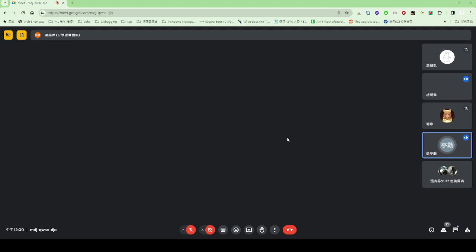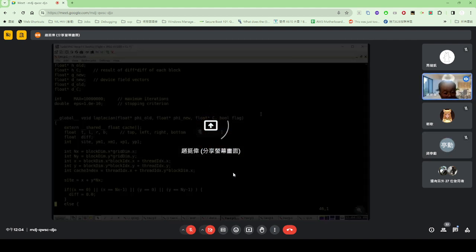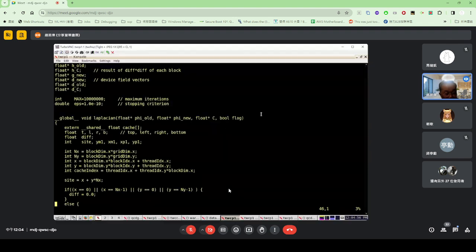So this is the GPU kernel, Laplacian, with phi old, phi new, and then C and the Boolean thread. The Boolean thread is controlled by the host.